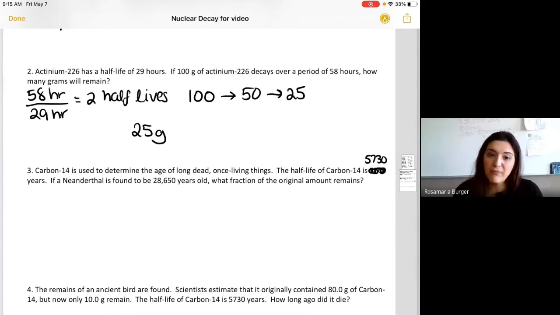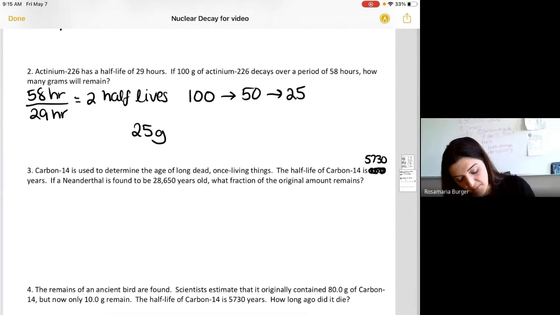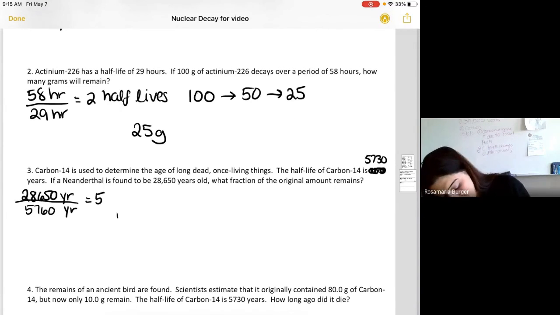So we're looking for a fraction. So first let's figure out how many half-lives that is. That's a really long time, 28,650 years. 28,650 years divided by 5,730 years in a half-life. That's 5 half-lives. So I'm going to do 1/2 times 1/2 times 1/2 times 1/2 times 1/2. 1, 2, 3, 4, 5.